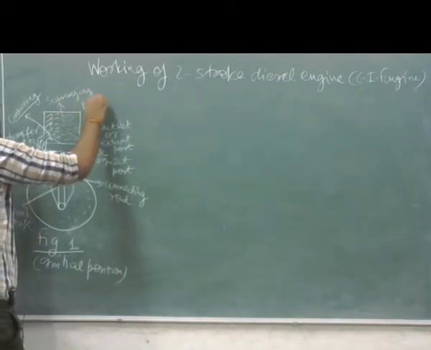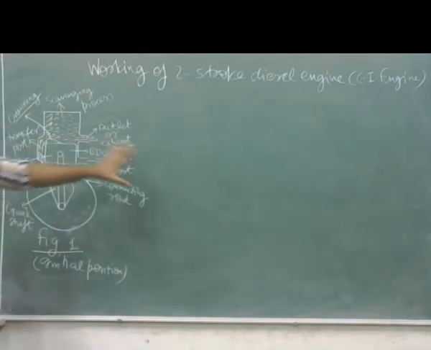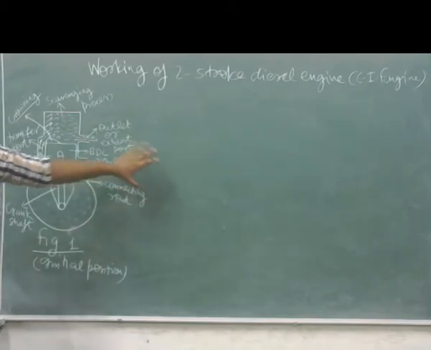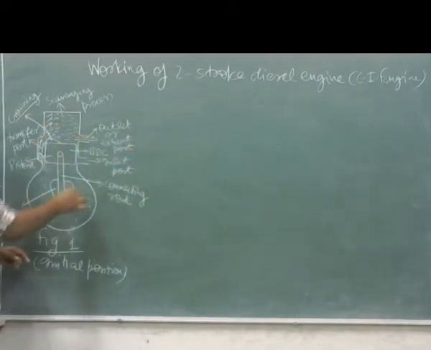Now in the next diagram we will understand how this fresh air comes above the piston and below the piston. So I am drawing the next diagram here.